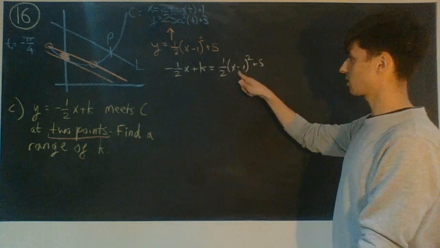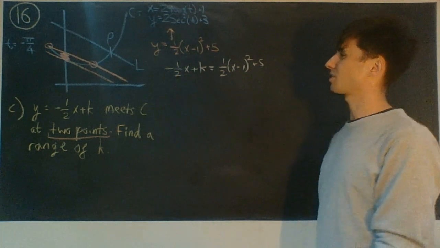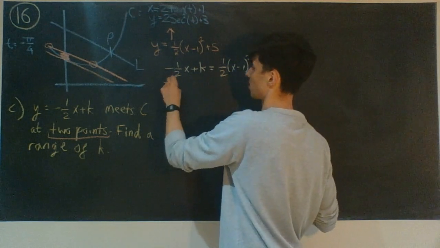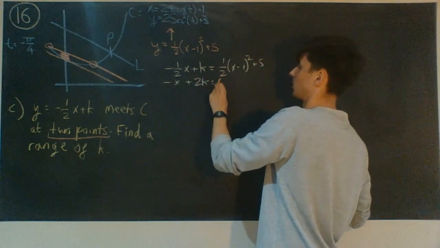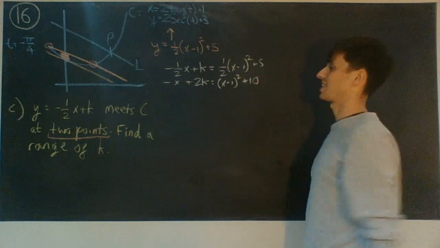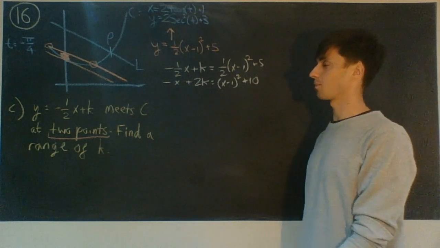Expanding out our brackets. Actually, let's do something different first. Let's multiply everything by 2 just to make sure we've got whole numbers and it looks a bit nicer. So minus x plus 2k equals x minus 1 squared plus 10. Can you see I've just timesed all the coefficients by 2 here.